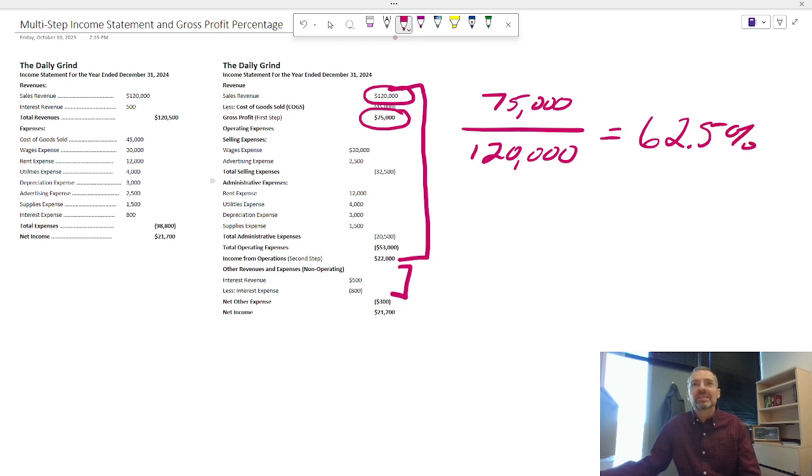So what does that mean? The 62.5% means what percentage do we get to keep if we sell our product? So if our customer gives us $1, how much of that dollar do we get to keep, and how much of it was the cost of the product?